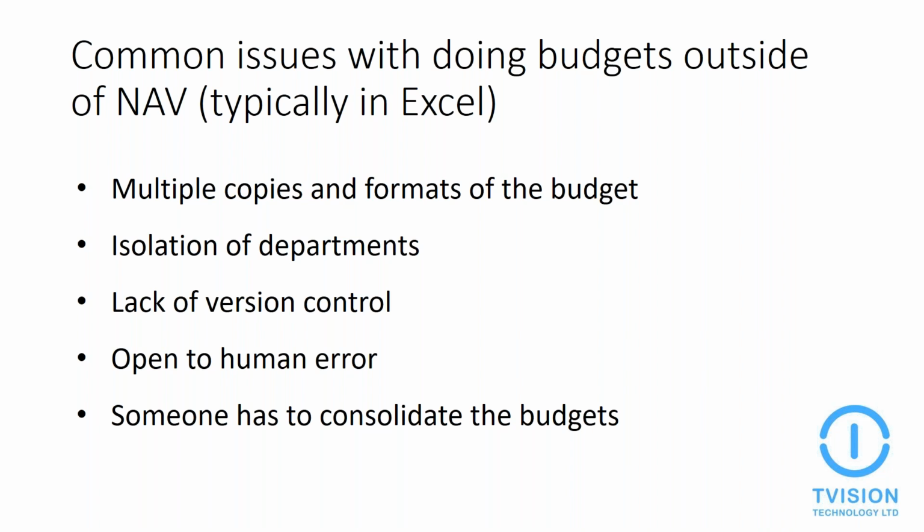It's also open to human error. So if you're doing anything typically in Excel, then that's going to be open to typing errors or maybe formula errors. And then somebody has to consolidate those budgets. So if different departments are doing the budgets, and somebody needs to put it into one to understand a whole overall business view.